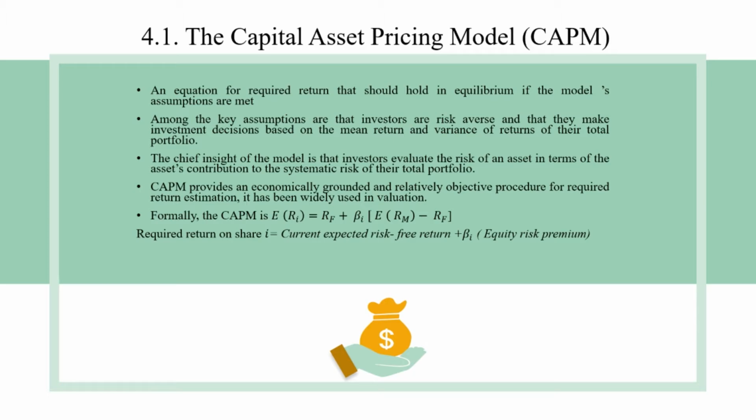The chief insight of the model is that investors evaluate the risk of an asset in terms of the asset's contributions to the systematic risk of their total portfolio. The capital asset pricing model provides an economically grounded and relatively objective procedure for required return estimation, and it has been widely used in valuation. The formula of the capital asset pricing model is as shown in the slide.